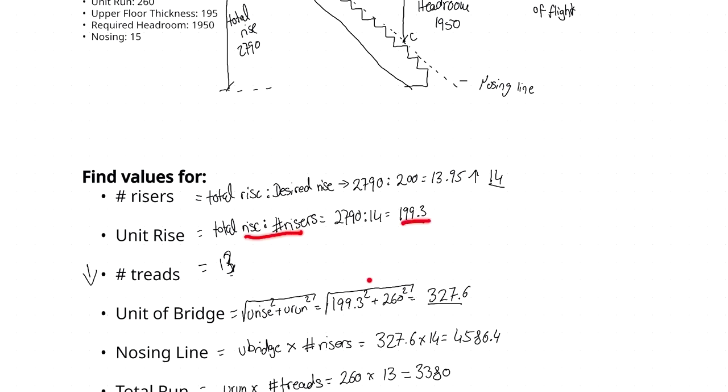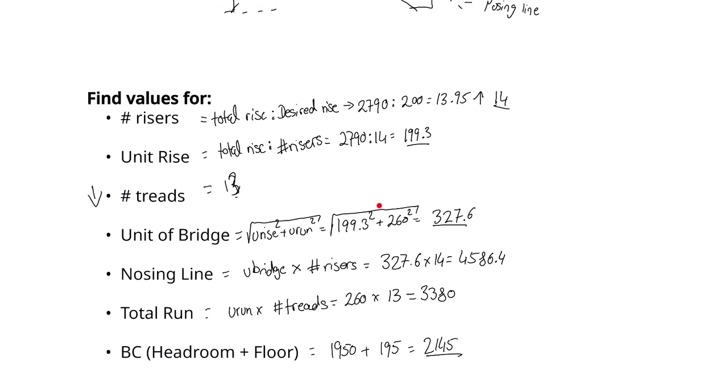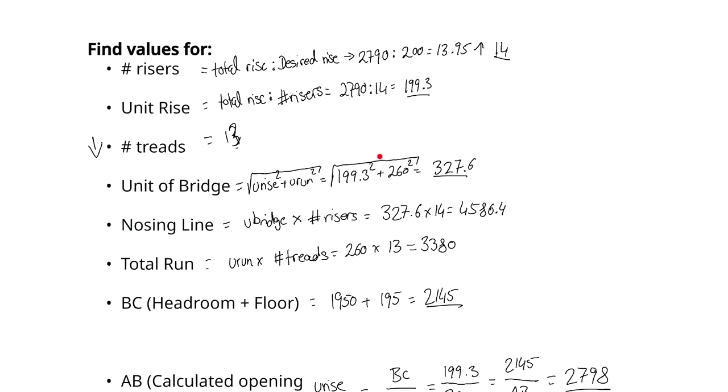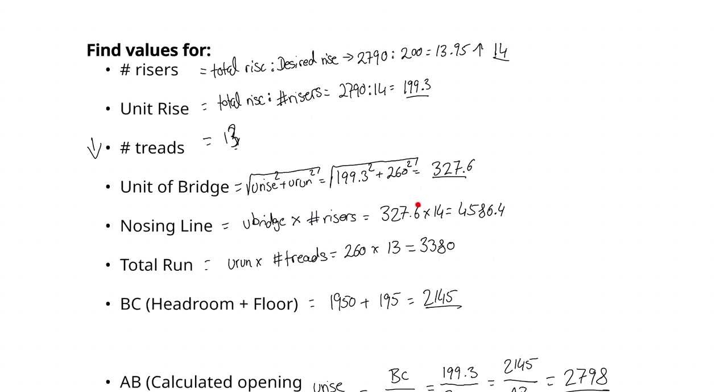Treads, we always have one less than risers because we start with a riser and we end with a riser. Our unit of bridge is the hypotenuse of our unit rise and unit run triangle.